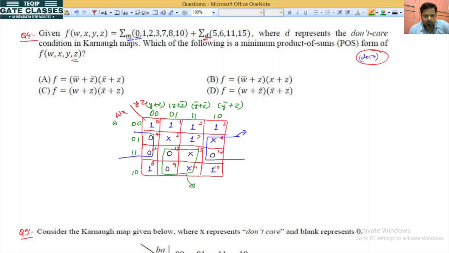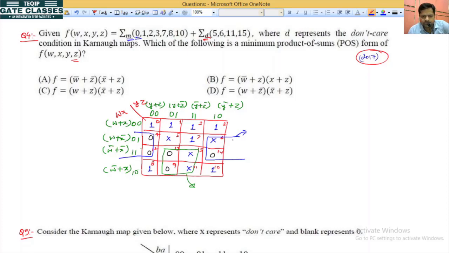From here, w plus x, it will be w plus x bar, this one will be w bar plus x bar, and this will be w bar plus x. Okay?